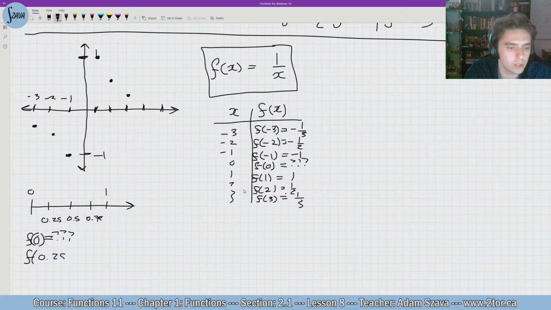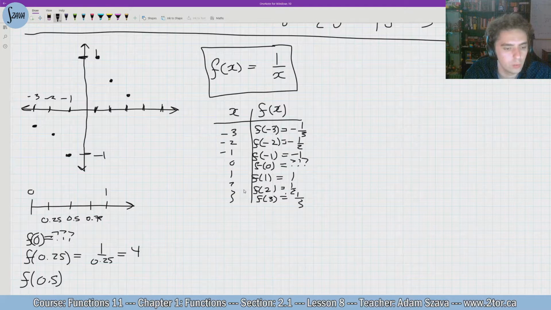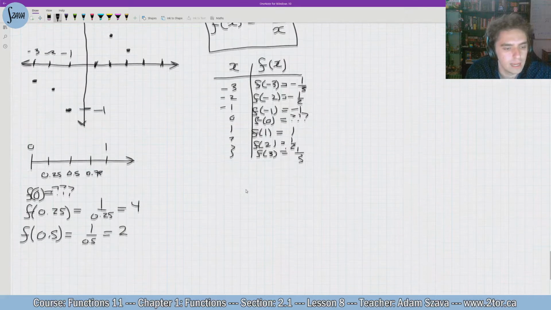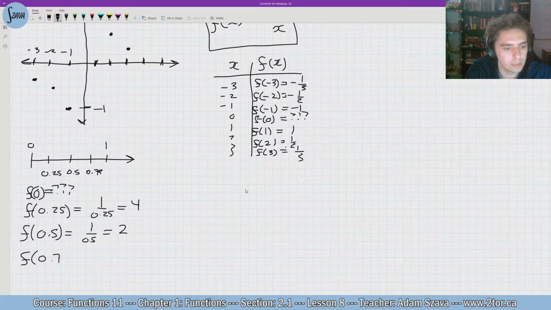F of 0.25 would be 1 over 0.25, which would be 4. F of 0.5 would be 1 over 0.5, which would be 2. And f of 0.75 would be 1 over 0.75, which would be 4 over 3.